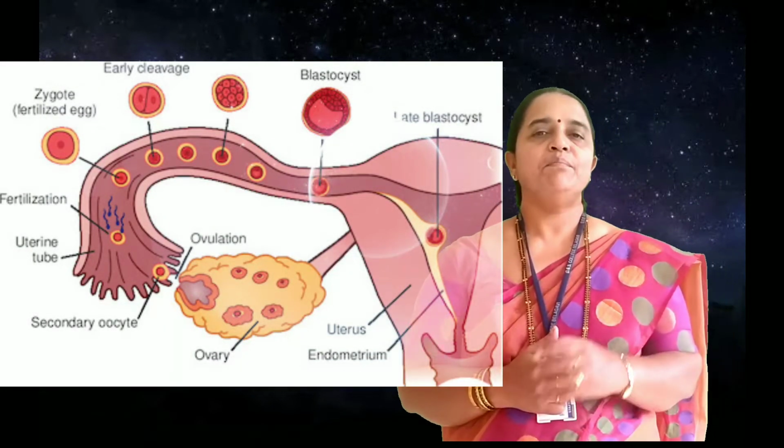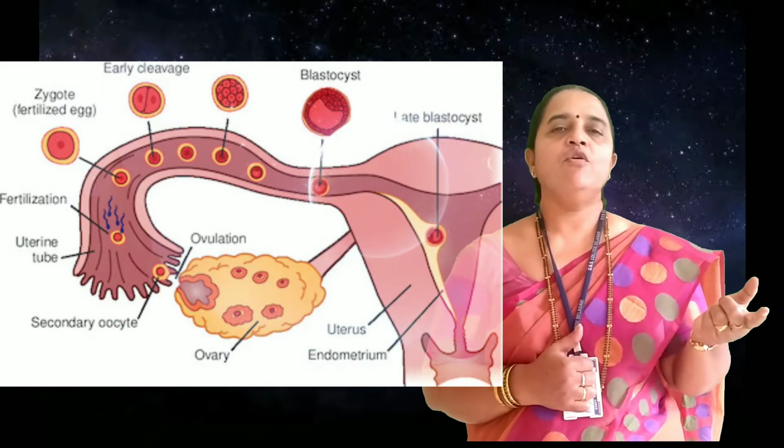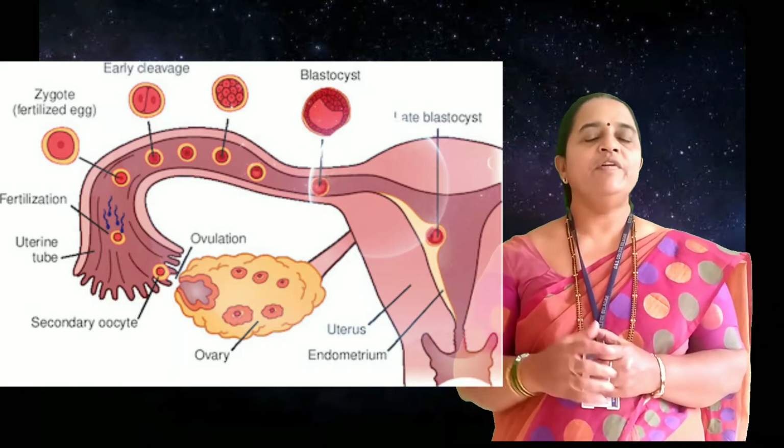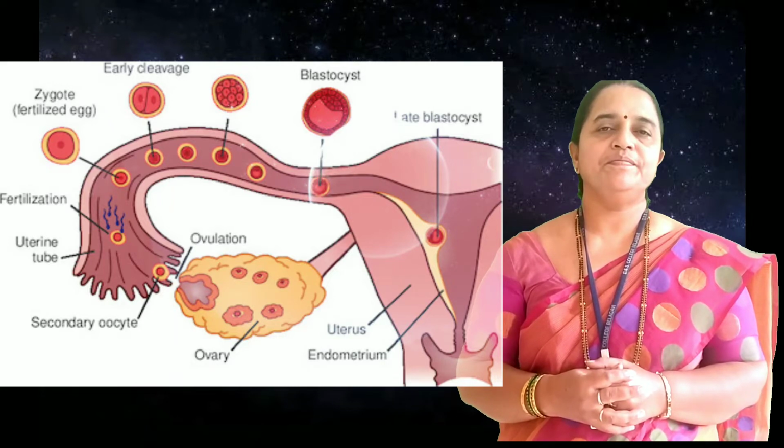This is a physical act known as copulation, and the release of sperms along with the nourishing fluid called semen in the female genital passage is known as insemination. So after gametogenesis, the next event is copulation and insemination. The third event is fertilization. It is the fusion of a mature sperm with the ovum. It occurs in the female body in the oviduct or fallopian tube.